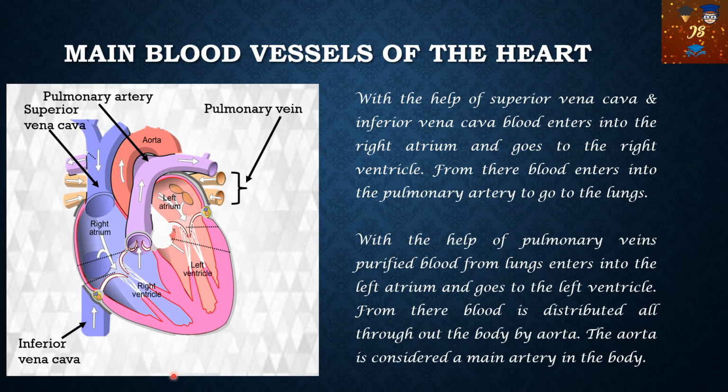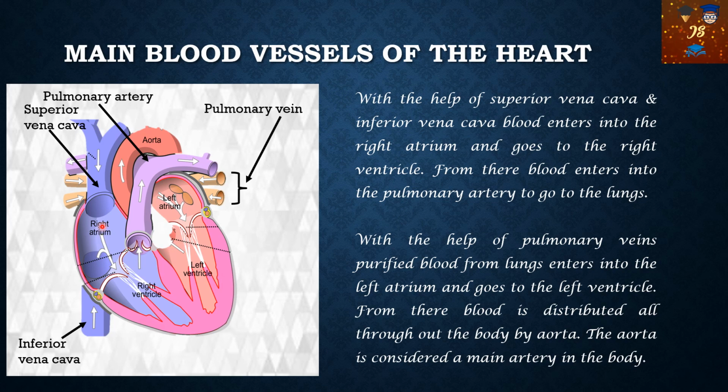Regarding the blood vessels of the heart, there are four main blood vessels. This one is the superior vena cava, this one is the inferior vena cava. The superior vena cava brings deoxygenated blood from the upper part and the inferior vena cava from the lower part, and they fill the right atrium.